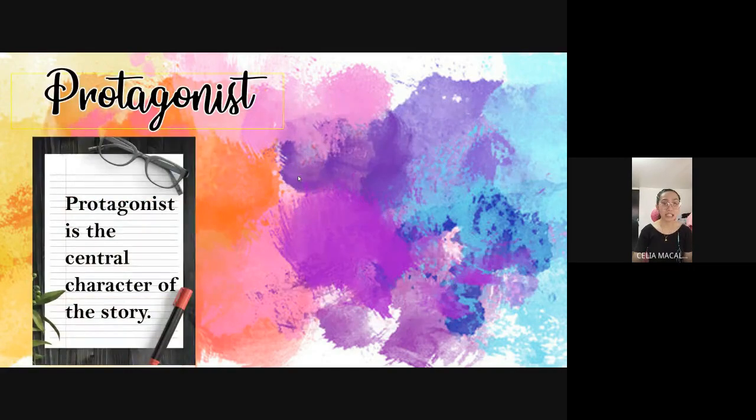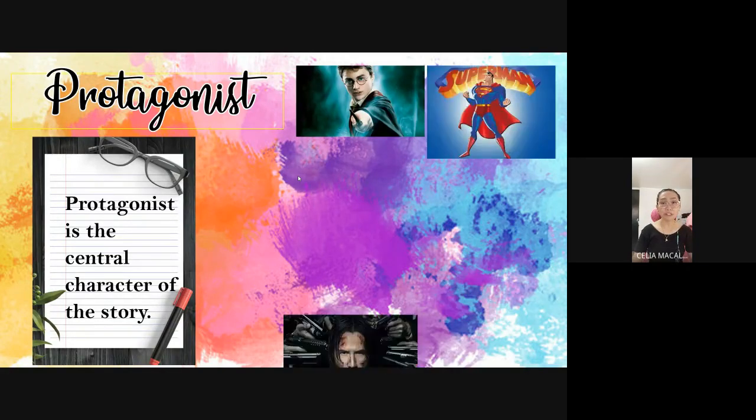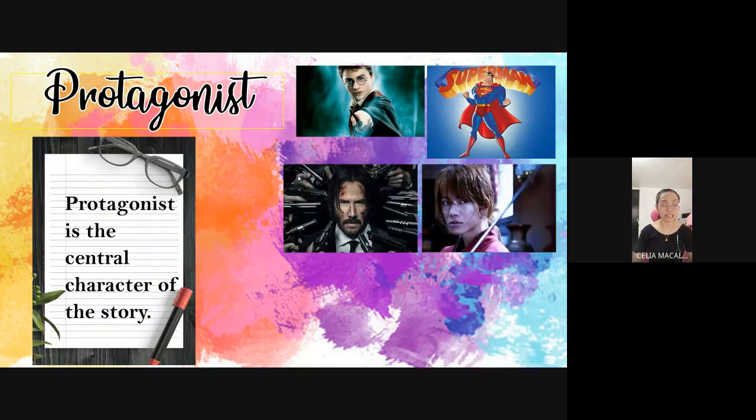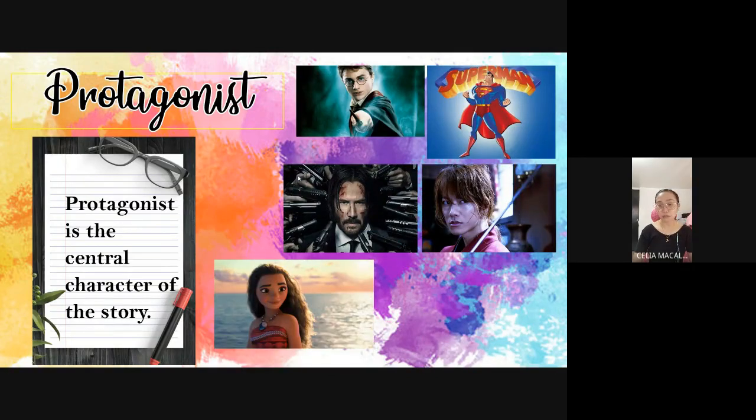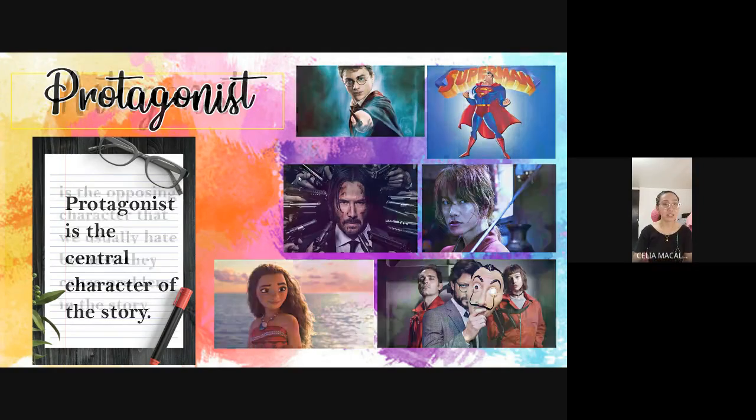So protagonist is the central character of the story. So I have here some of the examples of the protagonist in a movie. So if you can recognize them, that is very good. So we have here Harry Potter, Superman, John Wick, Rurouni Kenshin. We have Moana, and in the Money Heist, we have the director.